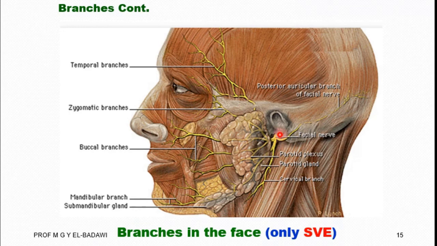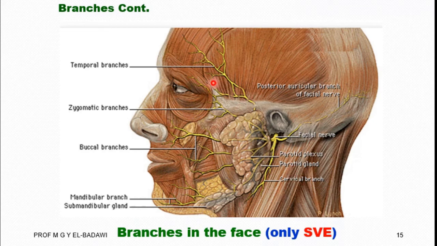As it comes out from the stylomastoid foramen, it contains only special visceral efferent fibers. The other three functions have been distributed through the other nerves, the chorda tympani mainly, and the greater superficial petrosal.